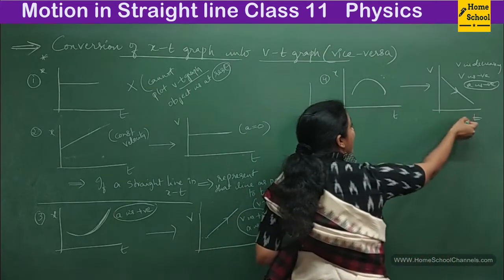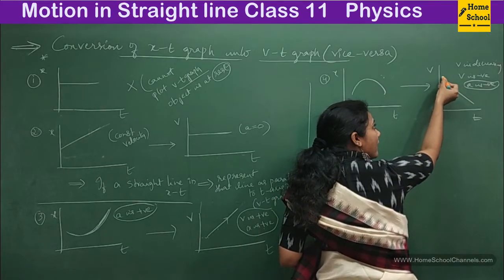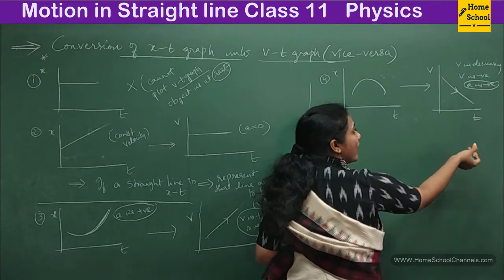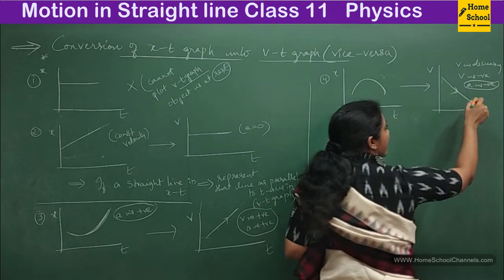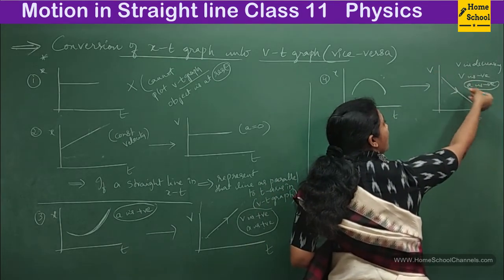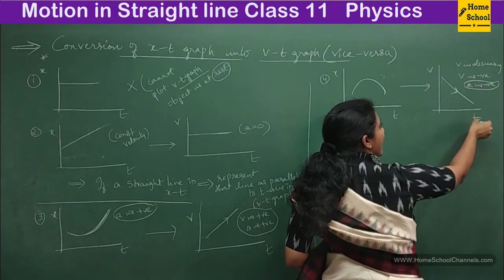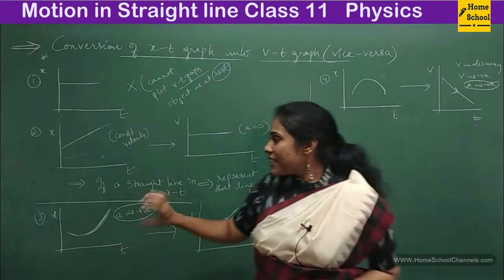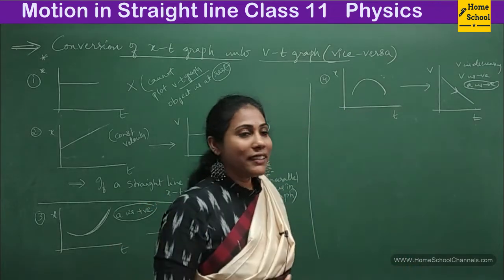When you have a negative slope, the velocity is going this way, and when you calculate the slope you will get a negative value. If you get a negative value, A is negative. After all, in a velocity time graph, the slope value is nothing but the acceleration value. So this is how you have to carefully think.